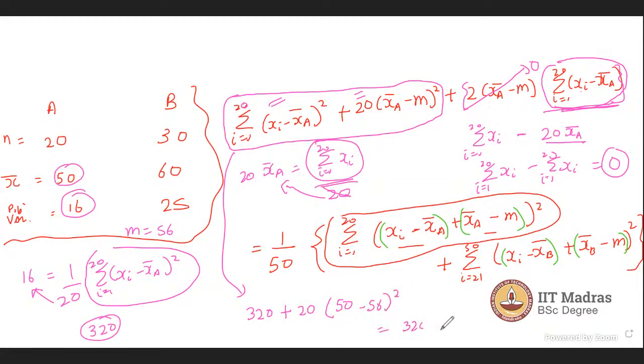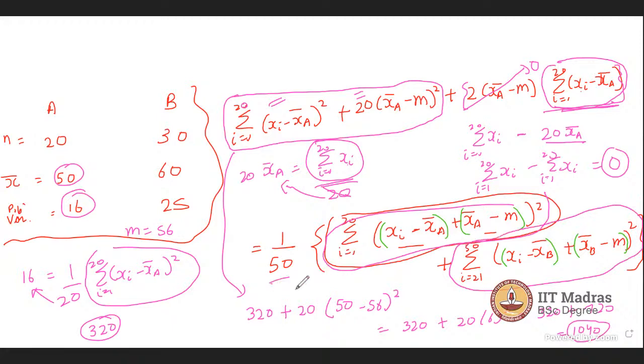So it comes out to be 320 plus 20 times 6 square, which is 36. So 320 plus 720, which is 1040. We did this for this part only, right? Similarly, you have to do it for this, and then divide by 50, you will get the answer. Only one part we did.